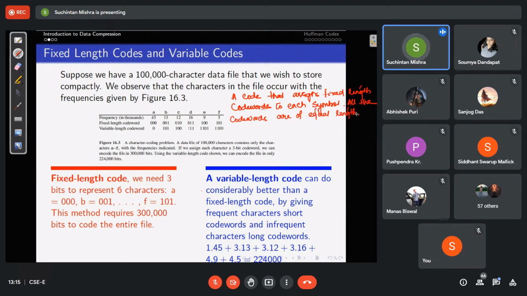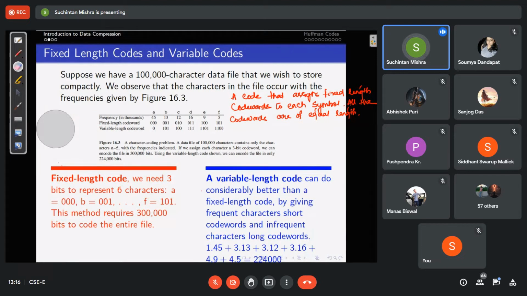A fixed length code says that the number of bits that are used to make code words are same for every symbol. If A is getting a 5-bit code, then B will also get a 5-bit code. C will also get a 5-bit code, and so on and so forth. For all the given symbols, we will go on increasing the binary value. But here you can see all the code lengths are fixed. They are not variable.